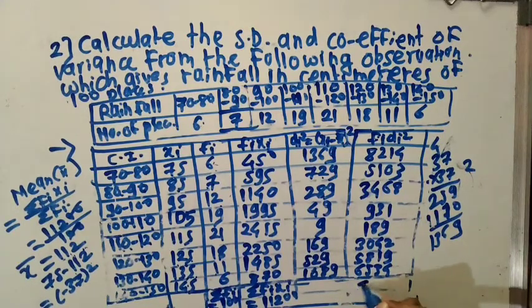Hence summation of fi di square. Then find all this summation: 33300.